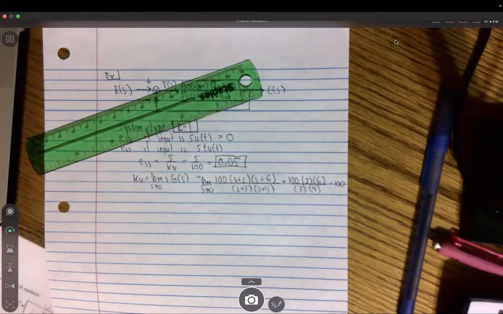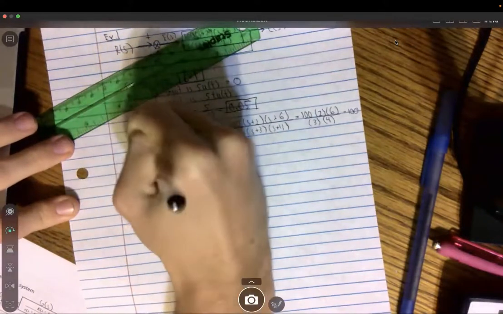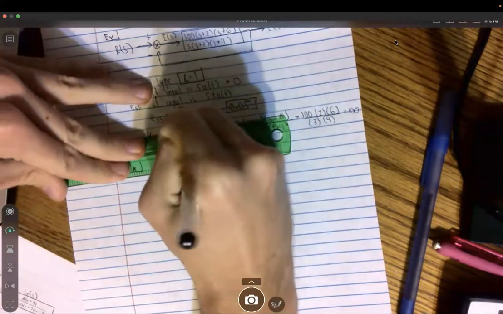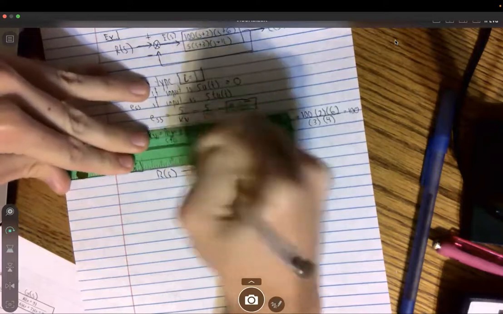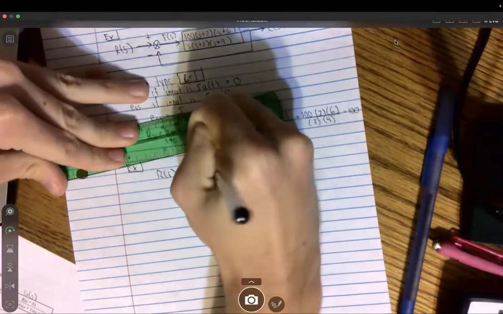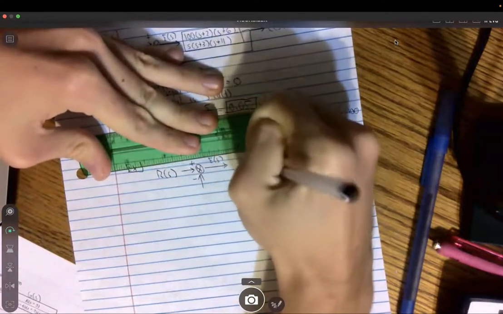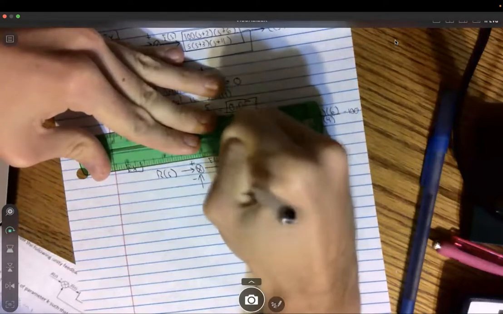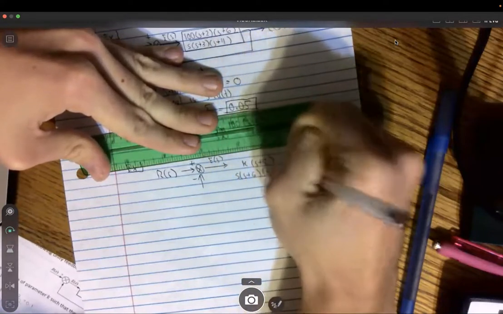Now, we're going to be given a design question. So this example will give us the input R(s), and they're going to have the summing junction here. And then we have our error E(s), and this will have K times (s plus 5) in the numerator, and in the denominator, we have s times (s plus 6) times (s plus 7) times (s plus 8).